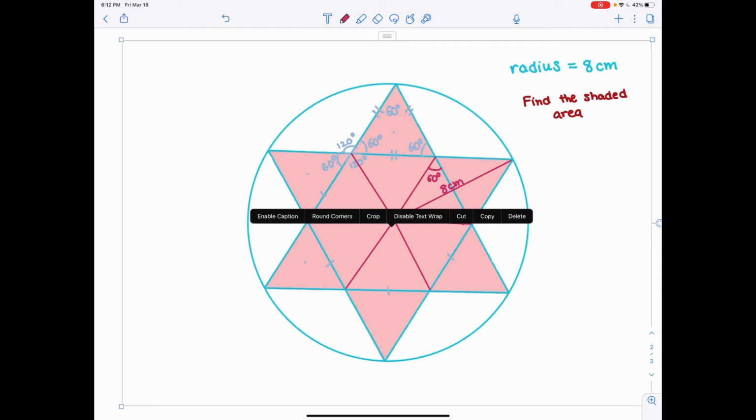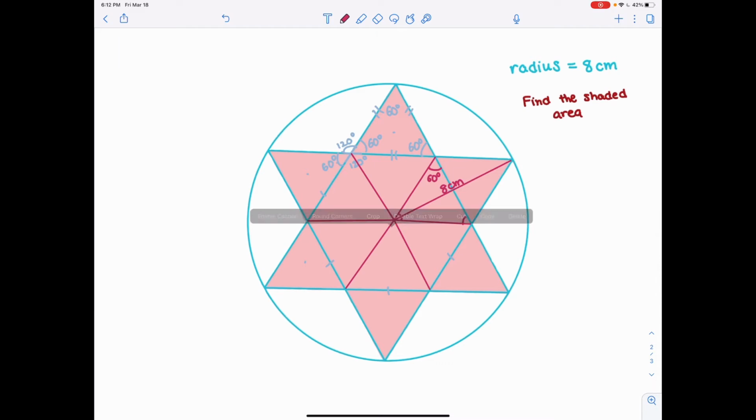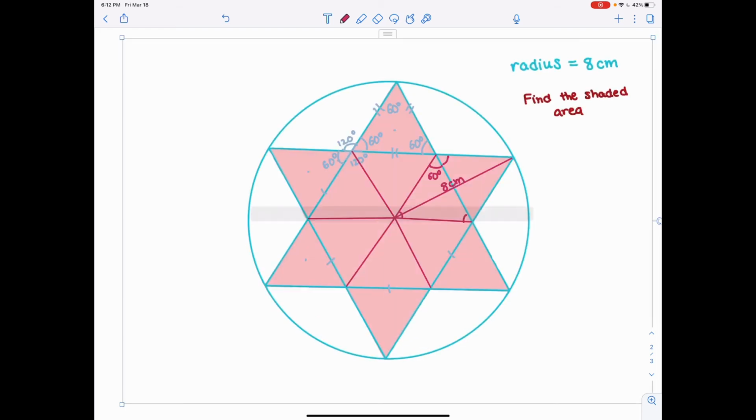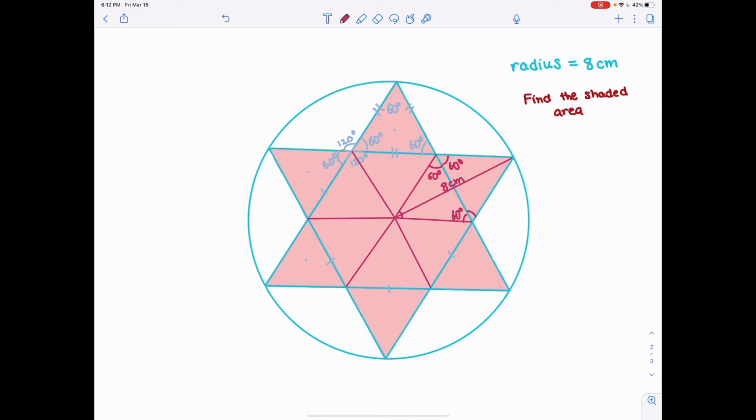Okay, now that we know this is 60 degrees, and we already know that this one is also 60 degrees, then we know this is all 60 degrees. Then we know that since they share this side, these 2 triangles are also congruent. And that means that we have 12 congruent equilateral triangles now.